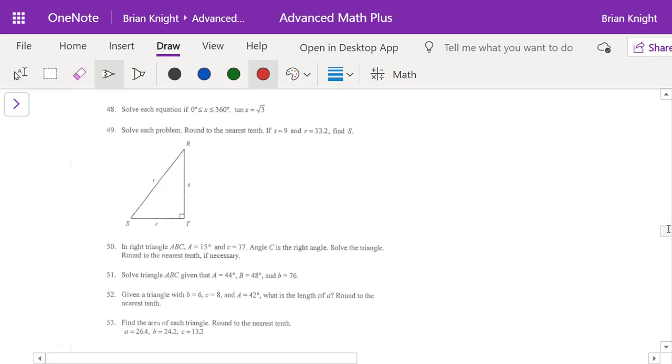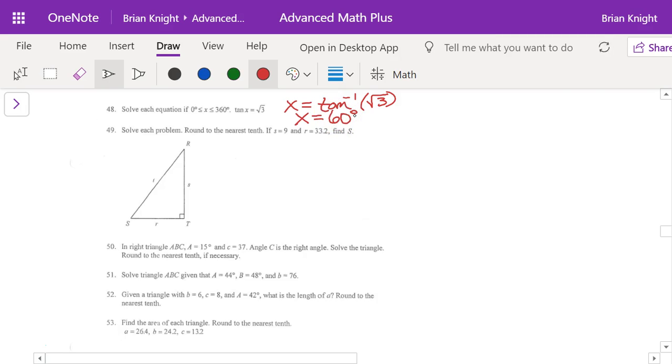All right, 48. Solve each equation if 0 degrees is less than or equal to x, less than or equal to 360. So here I take the inverse tangent of the square root of 3. What is that? 60. Is that correct? Yep.